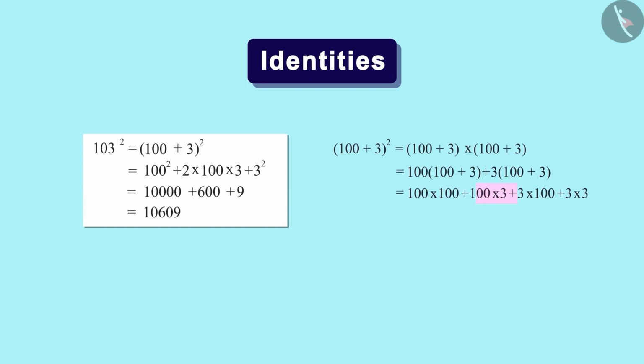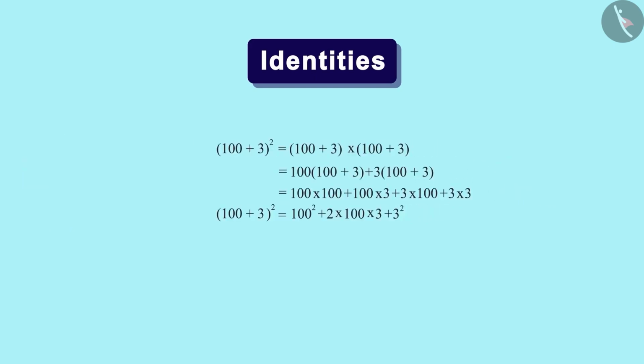This is what we get. Now observe that multiplying 100 by 3 and multiplying 3 by 100 is the same thing. So these two can be combined, which gives us 2 multiplied by 100 multiplied by 3. So this is how we got the previous expression.